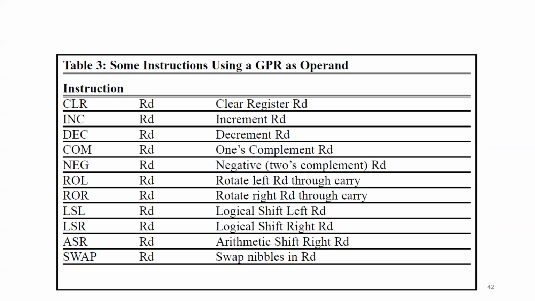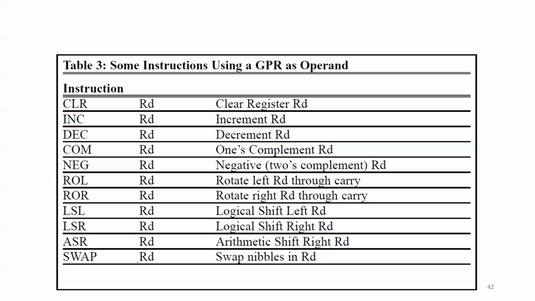ROR, rotate right for RD, means rotate right RD through the carry flag. LSL means logical shift left, so it's going to logically shift data to the left for the register RD. LSR means logical shift right for register RD. ASR means arithmetic shift right RD.